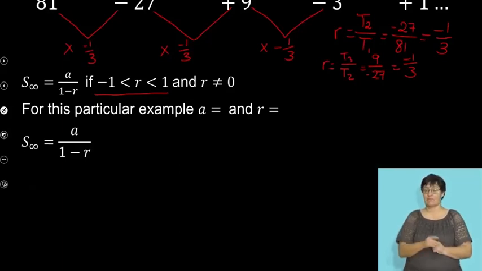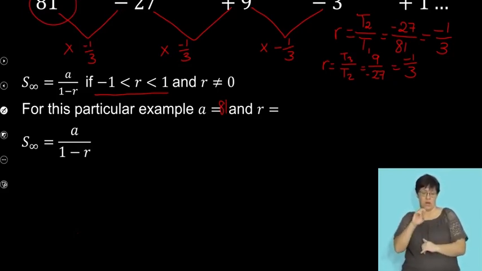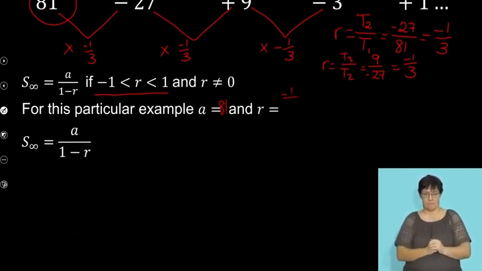So, for this particular example, we can see that A is 81. Why? Because this is my first term of the sequence. My common ratio, which I have calculated, is negative 1/3. Great.